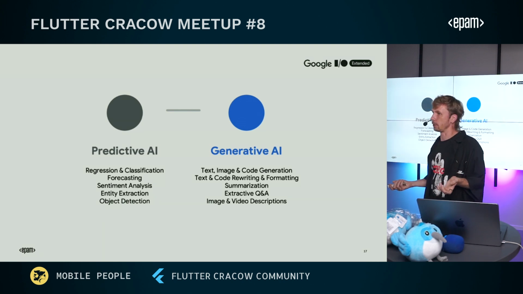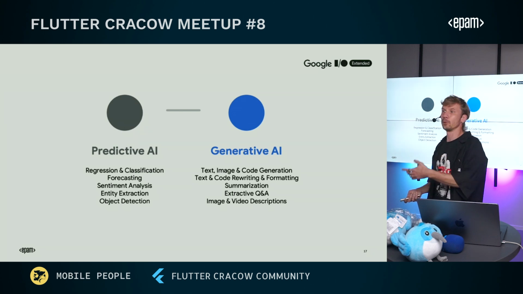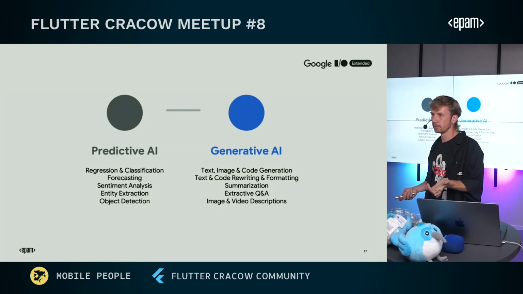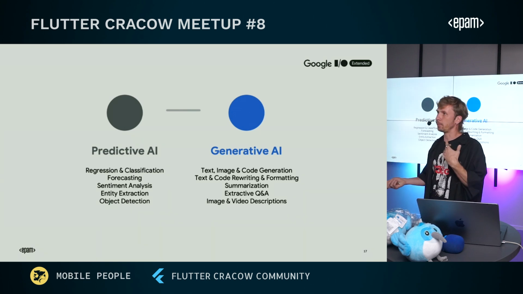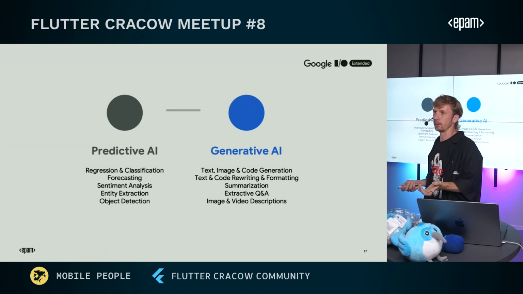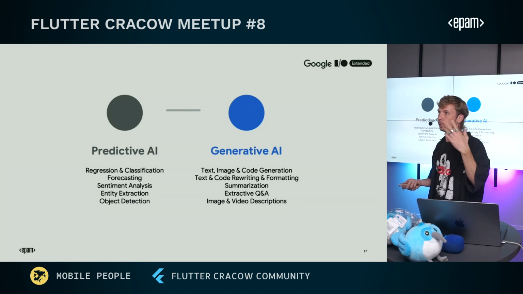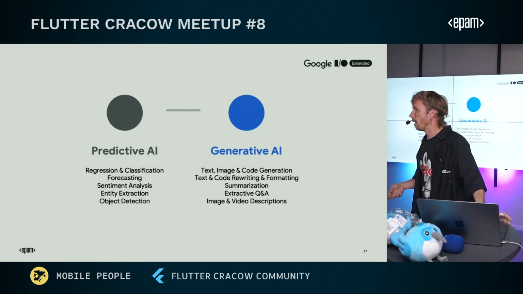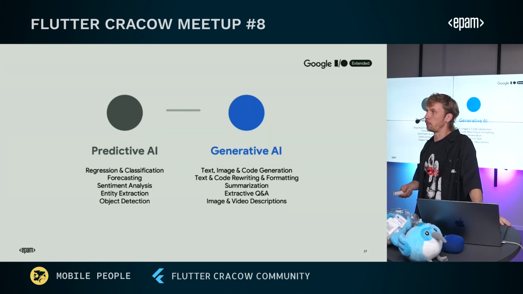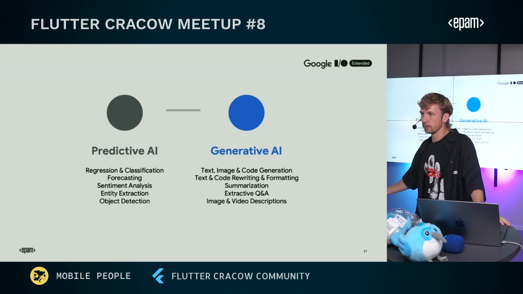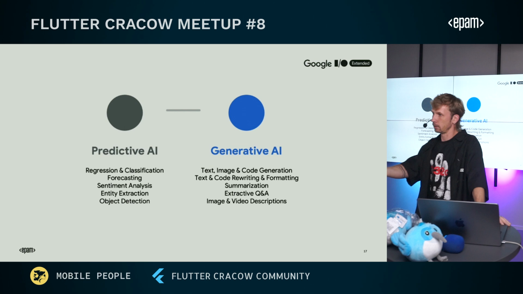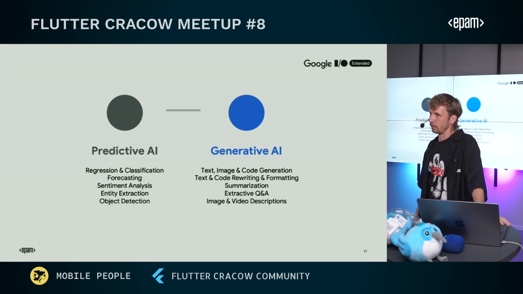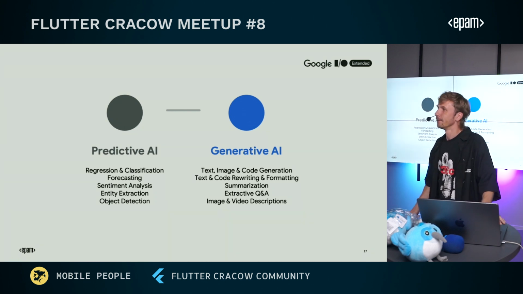You can upload an image to predictive AI and ask, is it a cat? And predictive AI answers with a probability of 95% it is a cat, and 5% not a cat. And for generative AI, you can ask, please generate an image of a cat for me. And okay, this is a cat for you, with a probability of 95%. Something like this.